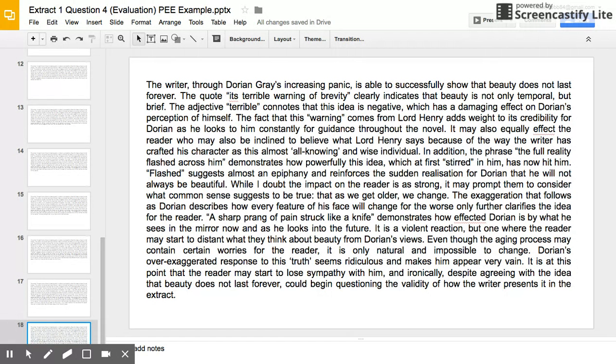And ironically, in losing sympathy with Dorian Gray, we may actually start to question the idea that beauty doesn't last forever, in the sense of agreeing with that idea. Or, not necessarily disagreeing with the idea, but questioning how well the writer is able to communicate that through Dorian Gray. If we start to not trust or dislike Dorian Gray, therefore the ideas that he comes up with, we may start to question those also.